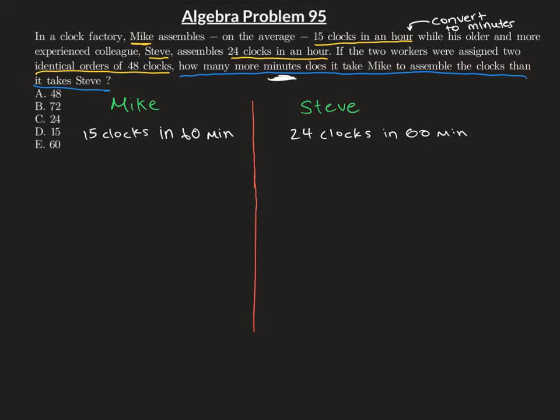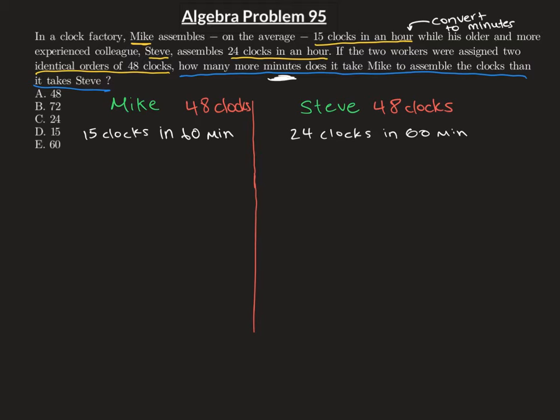And now our question is saying, how many more minutes does it take Mike to assemble the clocks than it takes Steve? And we're given a total of 48 clocks. So each has 48 clocks to assemble.